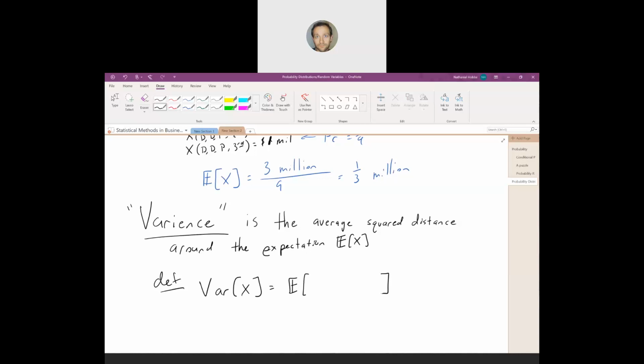So that's this average. The squared distance is x minus E x squared. That's this part.